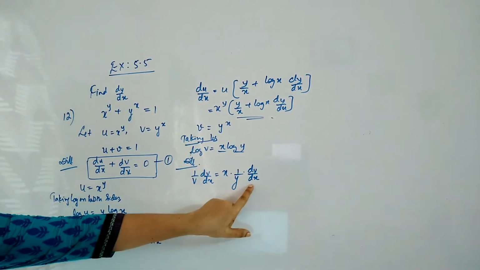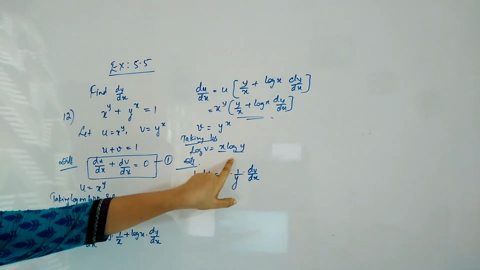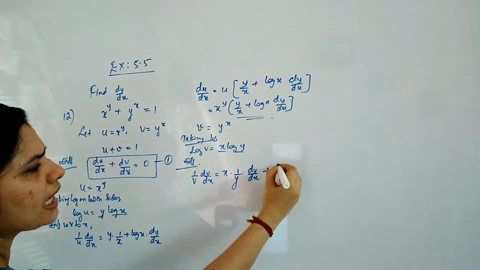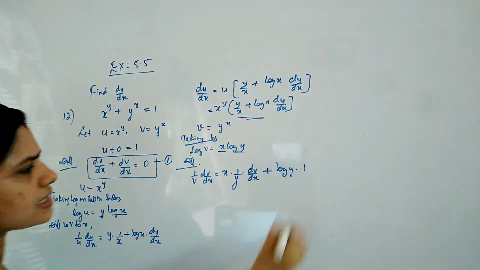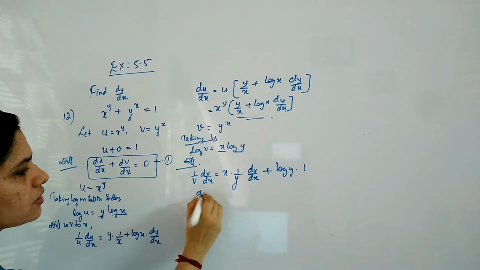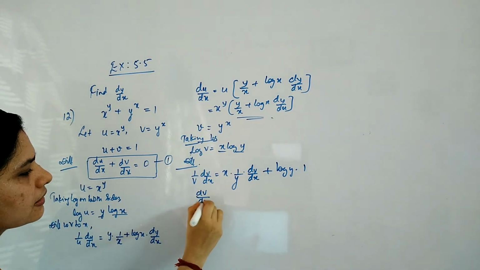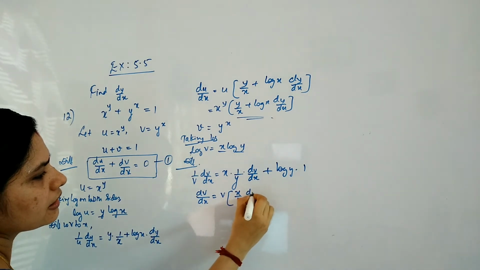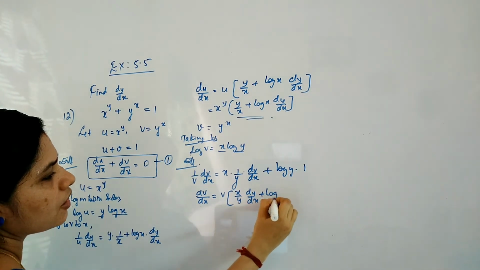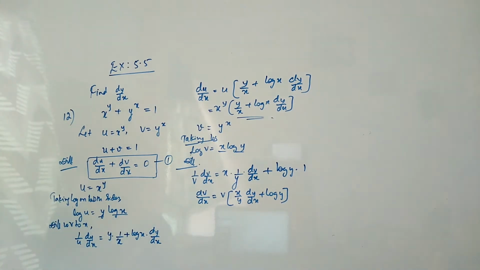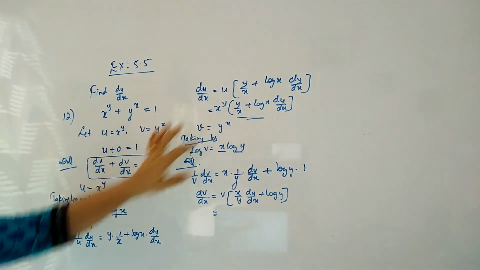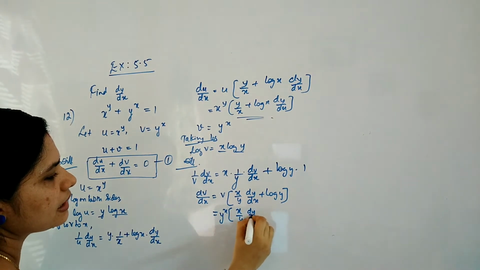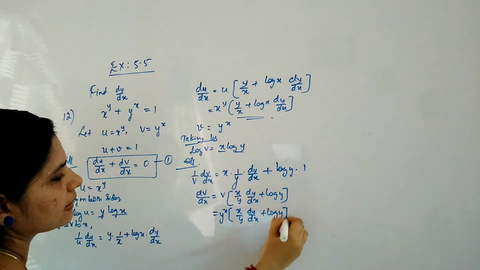The derivative of y is taken together with the derivative of log y, so the chain rule is applied, plus log y into derivative of x as 1. Now dv by dx is equal to v into x by y dy by dx plus log y. Replace the value of v, which is y raised to x. So you get y raised to x into x by y dy by dx plus log y.